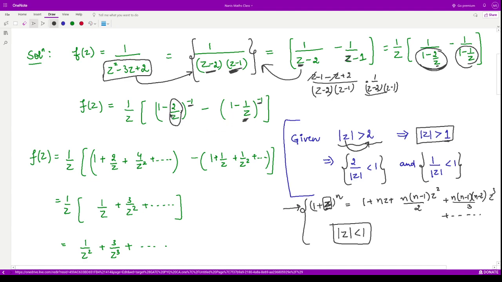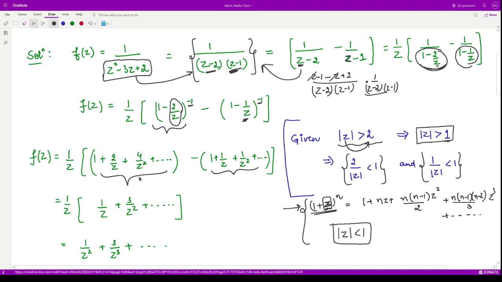When you apply this formula for this particular term, you will have 1 plus the second term, then the square of the second term, then the cube of the second term, and so on, because it is minus 1. And similarly for the other term. So you will have these two terms.